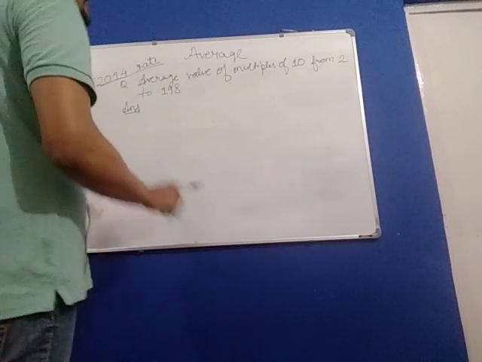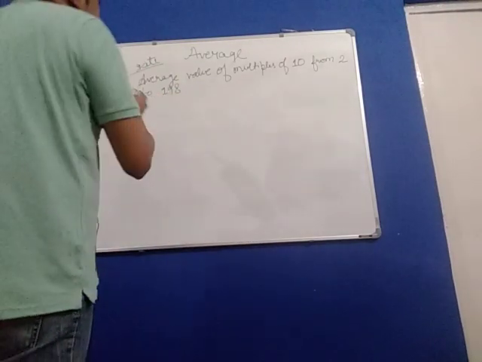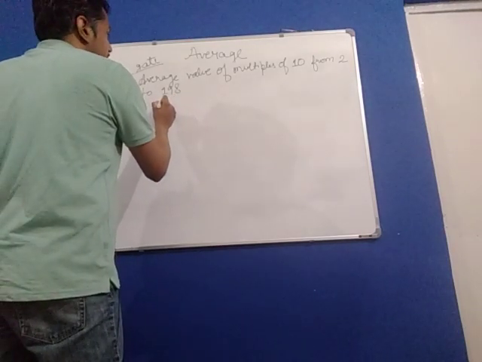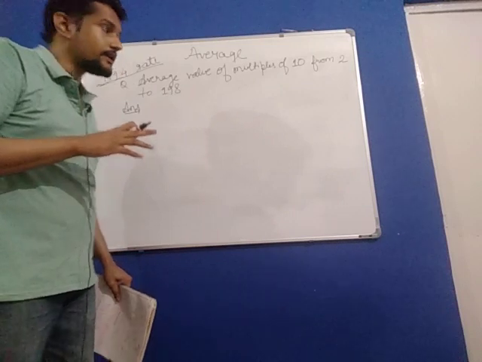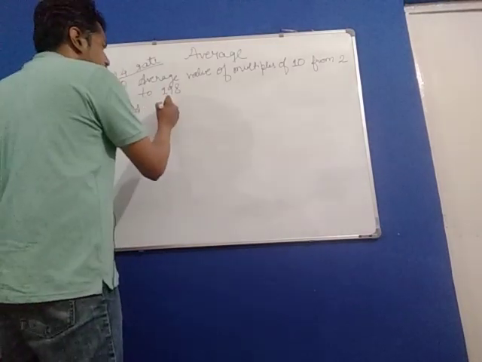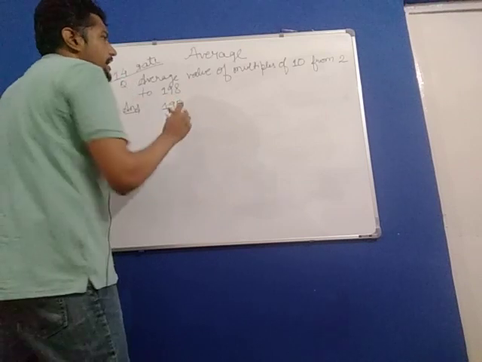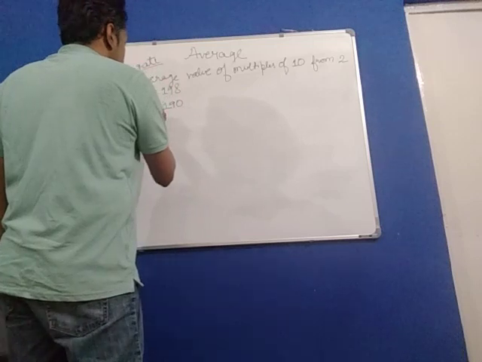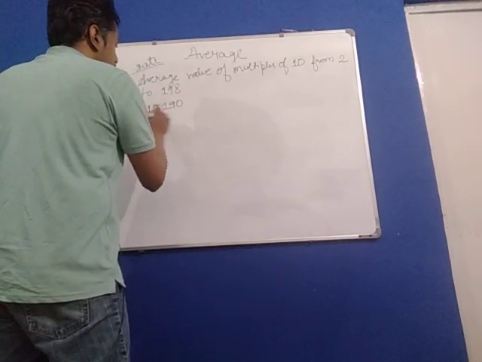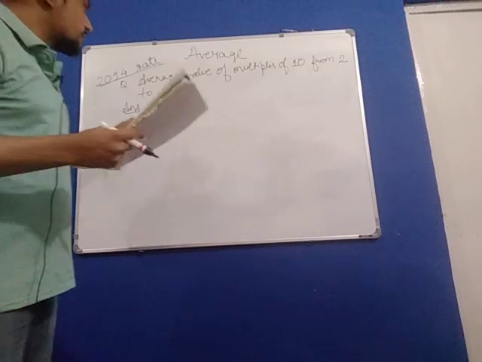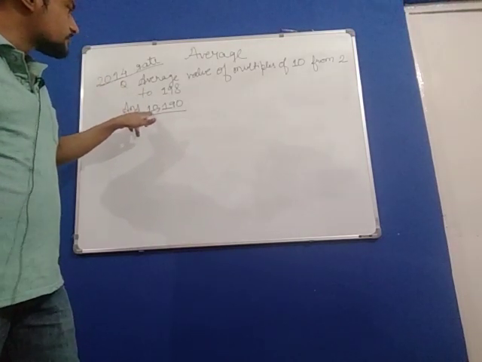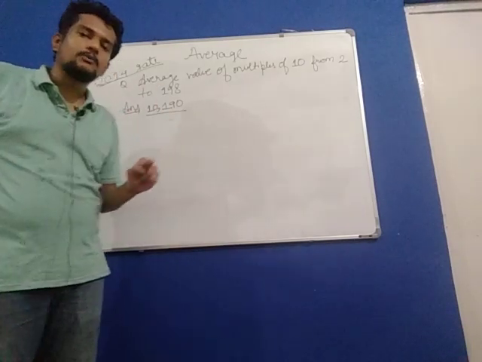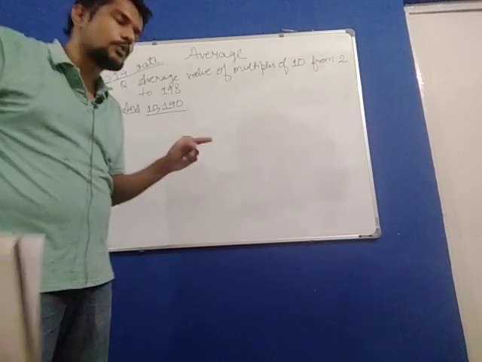When we have to calculate the average value of multiples of 10 from 2 to 198, then we know that the last number before 198 which is a multiple of 10 is going to be 190, and the first number which is a multiple of 10 after 2 is going to be 10. Now, to calculate the average of the multiples of 10 from 10 to 190, we need to know how many numbers are there between 10 and 190.